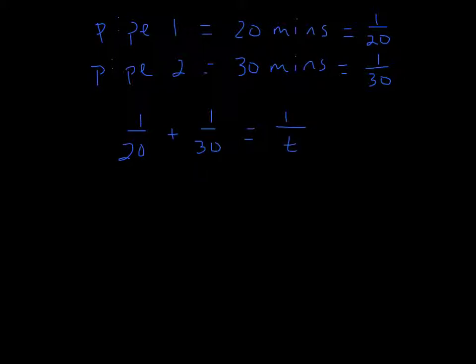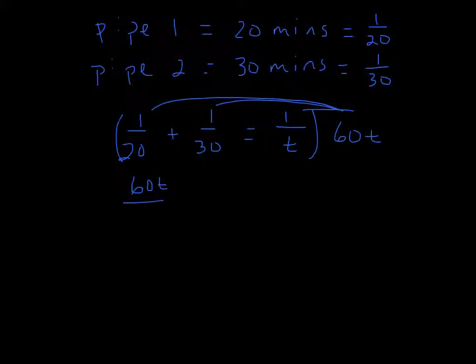Okay, so now get rid of our fractions, multiply everything, 20 and 30, that's going to be 60, and then t, right? So we distribute this to everything. So we get 60t over 20 plus 60t over 30 equals 60t over t.